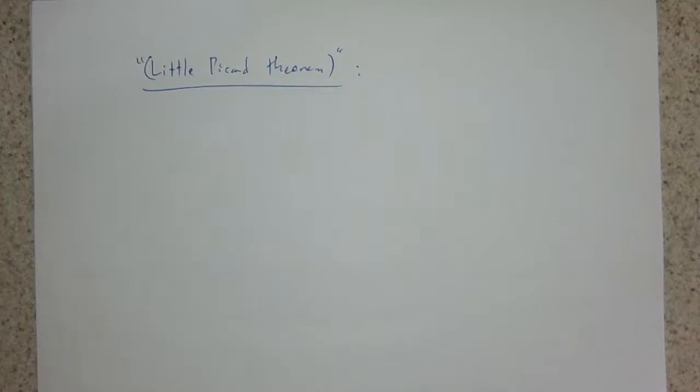The Little Picard theorem answers a question that came up in yesterday's office hours, about what sorts of values analytic functions are allowed to attain on some domain. It was a question of the range of an analytic function and whether there are any restrictions on what that range can be.